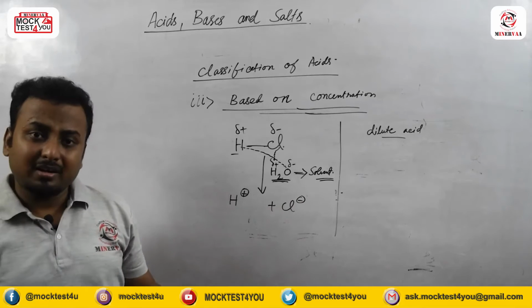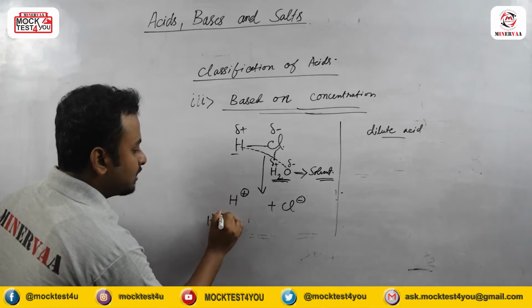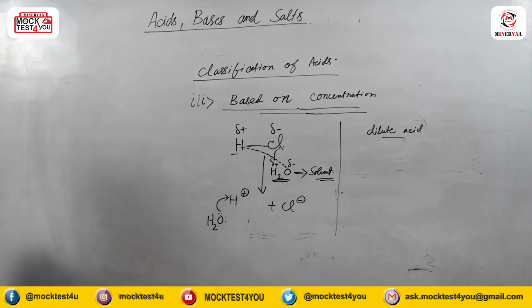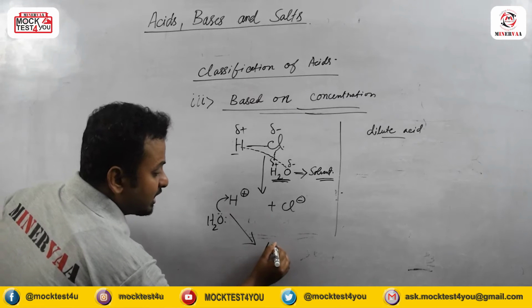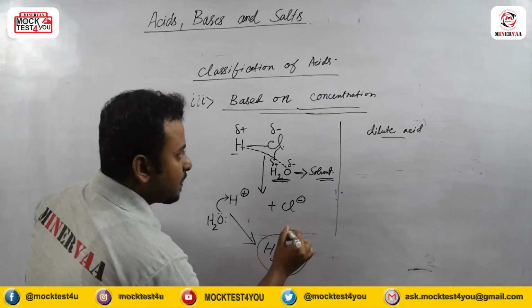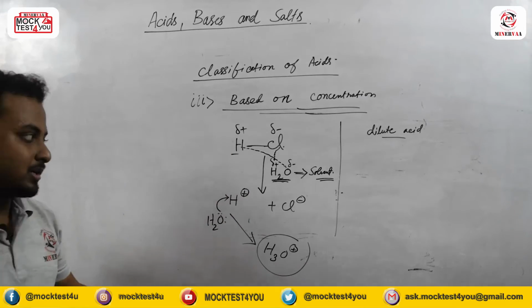But water is already present in the medium, so water will form a coordinate bond, and due to the coordinate bonding, we will get H3O plus ions, right? So this is the dissociation of acid in presence of water.